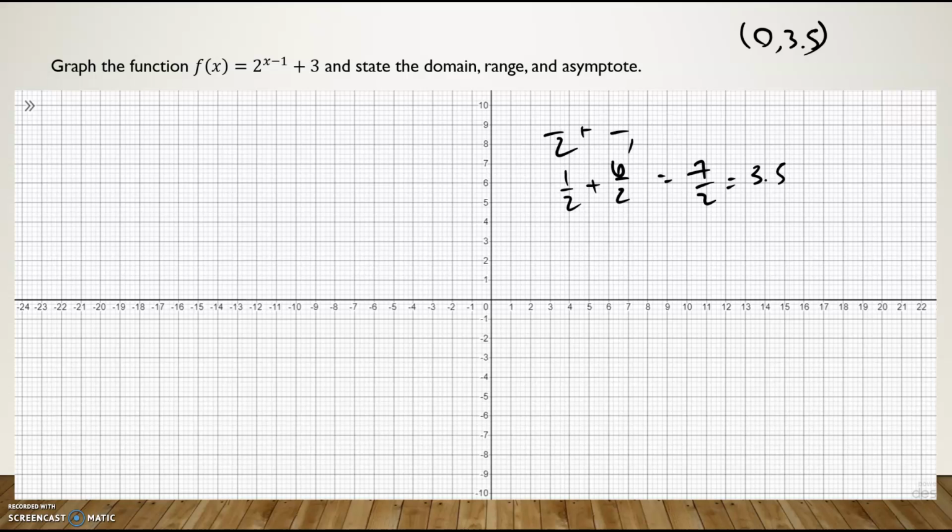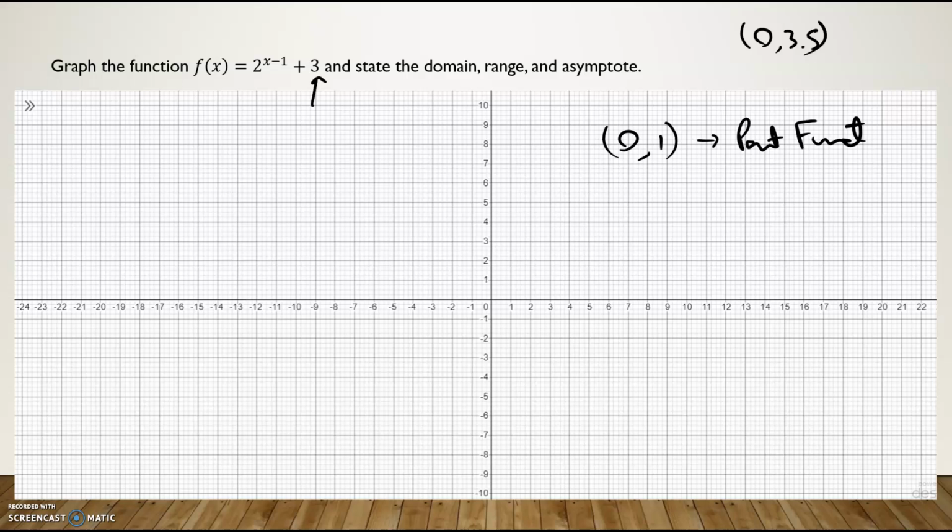Then let's look at the key point from our parent function and see if we can figure out what happened to it when we shift it. So this is the parent function. I went up 3 units, and that's going to affect the y, so plus 3. So 0, 4. And then I move to the right by 1 unit.